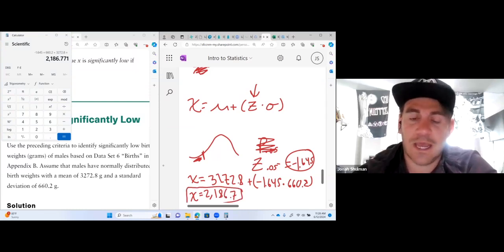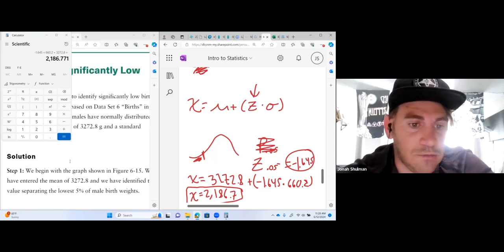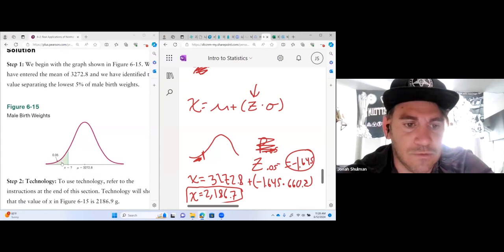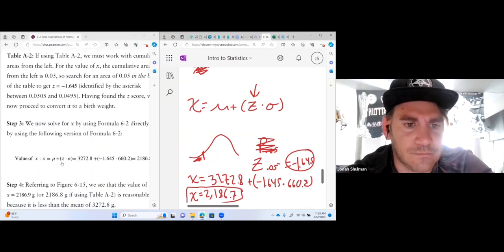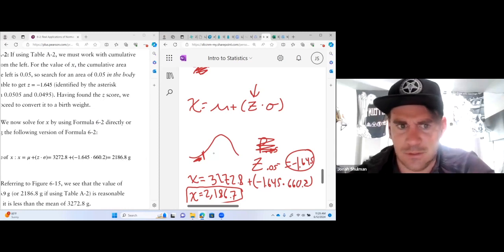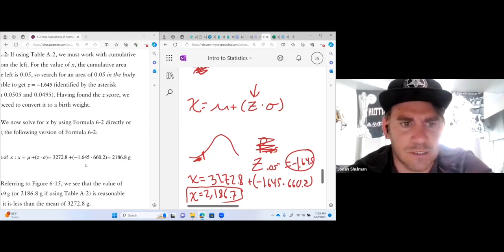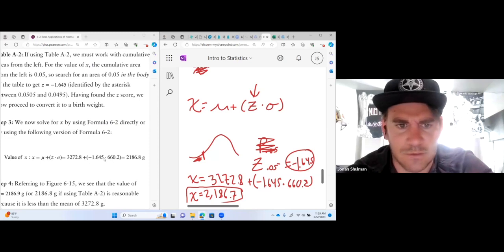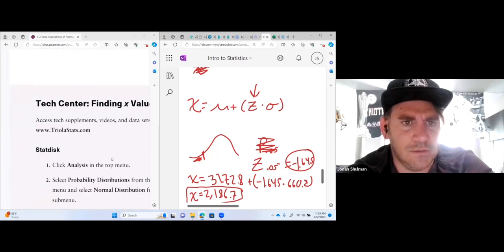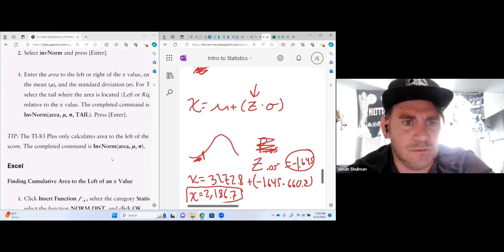If you're anything lower than that, you have a significantly low birth weight. That's what that means. That's what we want. 2,186.8. I guess I rounded it wrong at some point, but we got everything right though. Cool. All right. We did it.